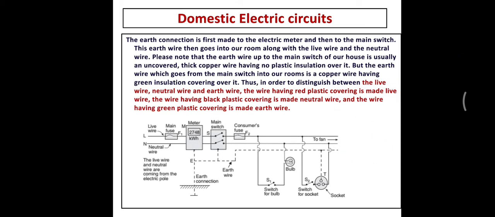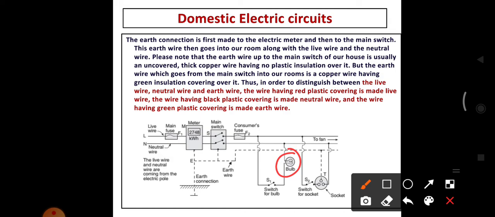And how to connect the bulb or socket? You have to take one wire from the live and connect it to one end, and the other wire is taken from the neutral.